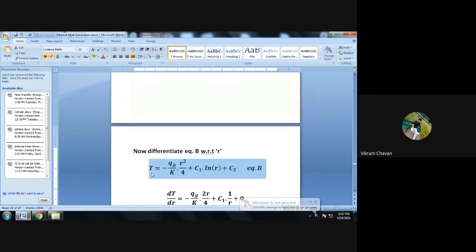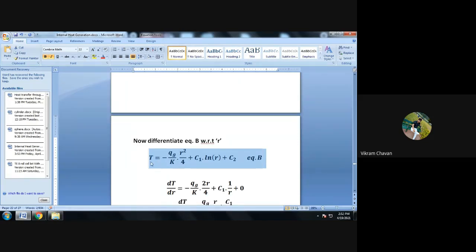So our equation number b is t is equal to minus q suffix g divided by k multiply by r square divided by 4 plus c1 multiplied by ln of r plus c2. Once you differentiate this particular equation with respect to r, what you will get? You will get dt divided by dr is equal to minus q suffix g divided by k, which is the constant.